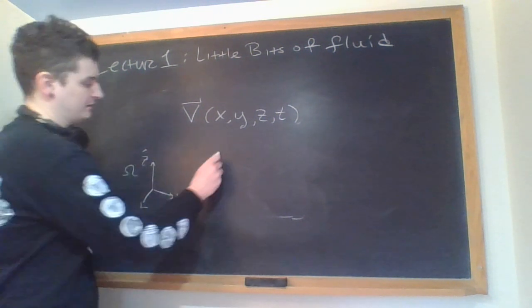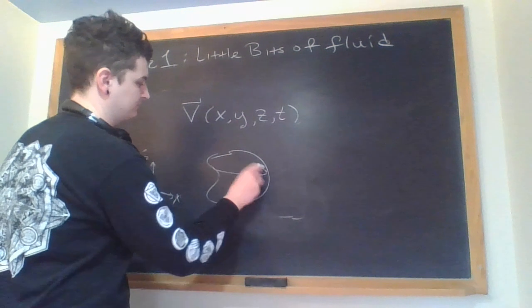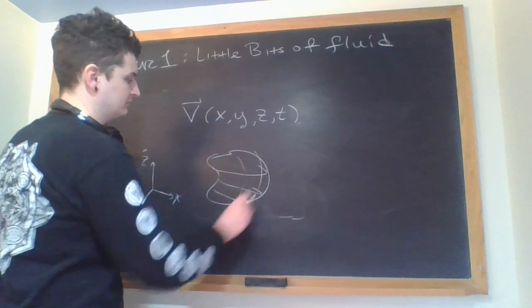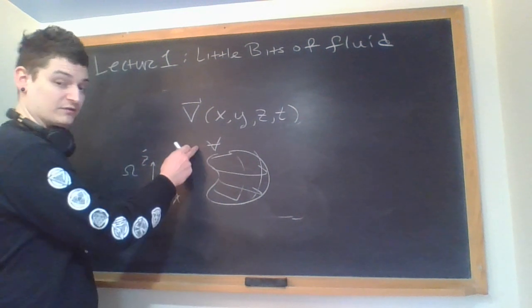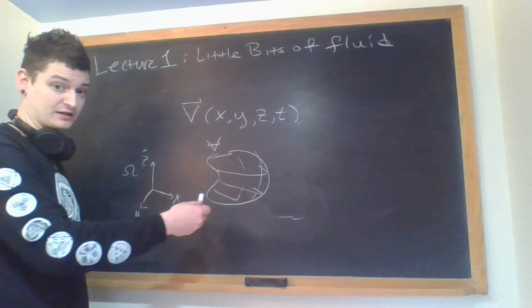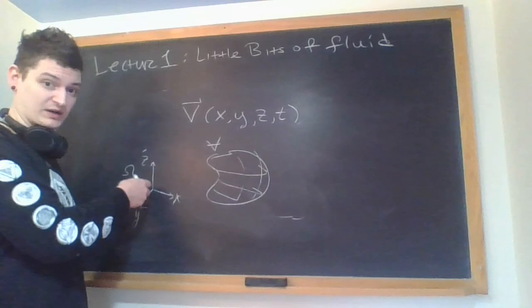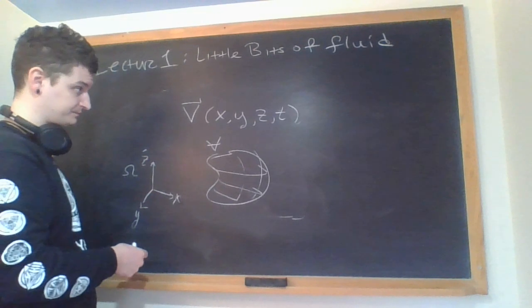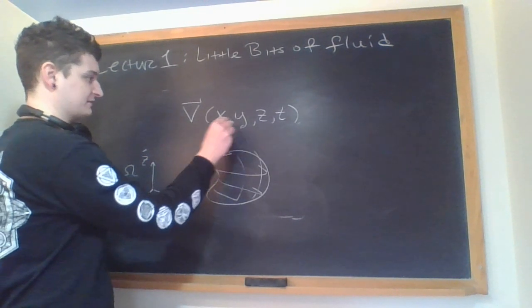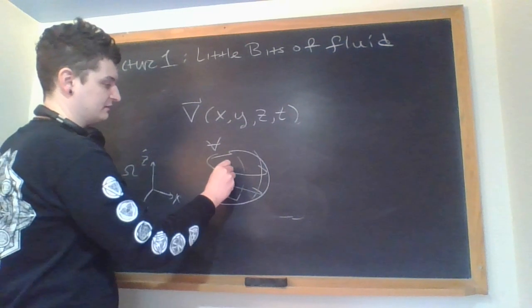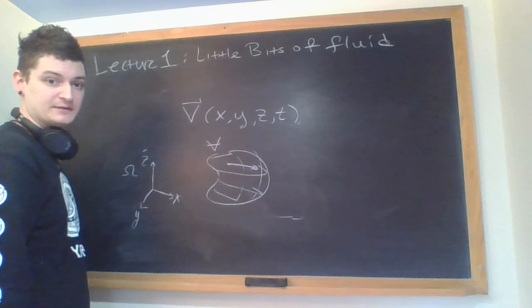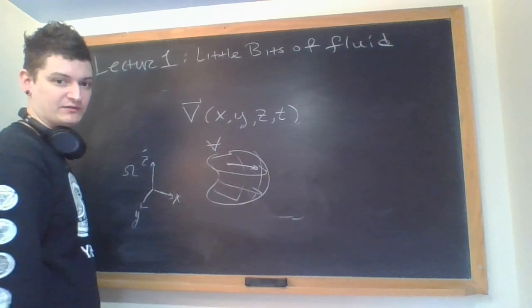Here's my blob. Here's the volume of fluid. The volume of fluid is really a collection of x, y, z points in my coordinate system. So for every x, y, and z point that you give me, I will assign some vector to it, some vector describing the velocity of the fluid.